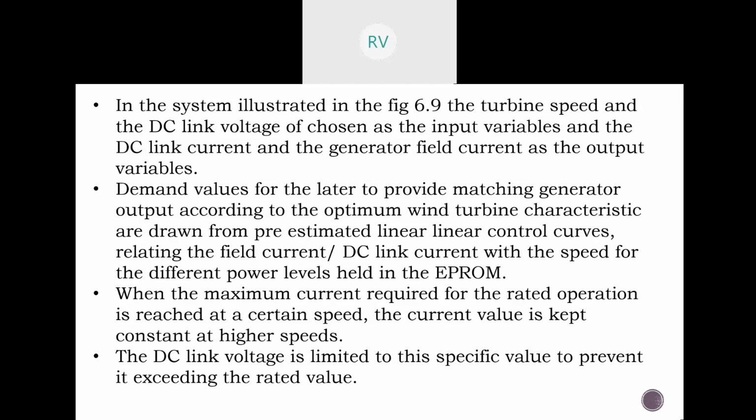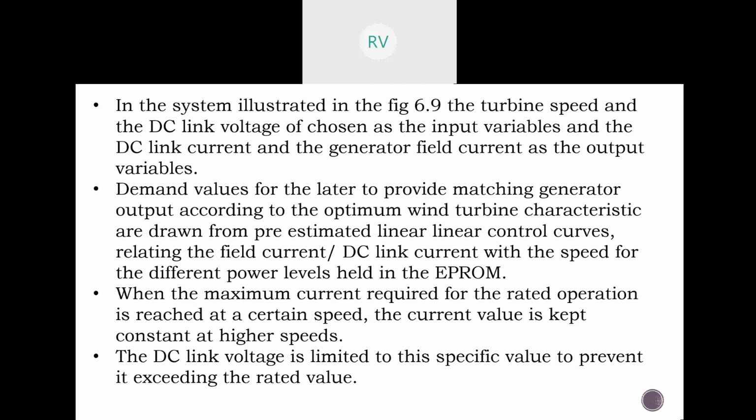Demand values for the latter, to provide matching generator outputs according to the optimal wind speed characteristic, are drawn from pre-estimated linear control curves relating the field current or DC current with the speed for different power levels, held in an EEPROM. So actually, what we are doing here is we know the optimal wind turbine characteristics.